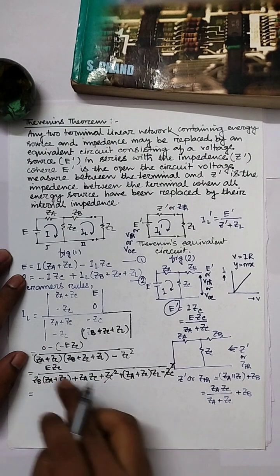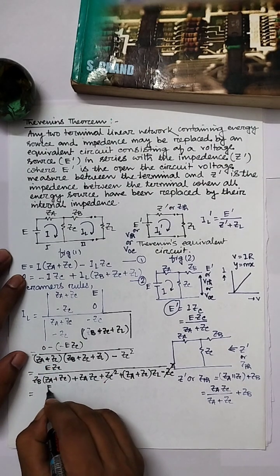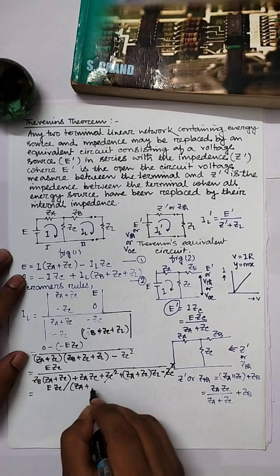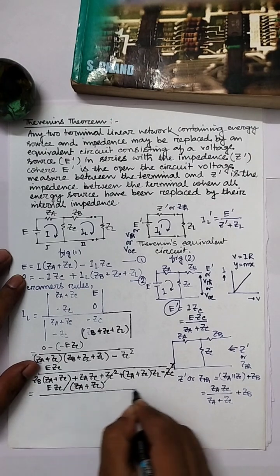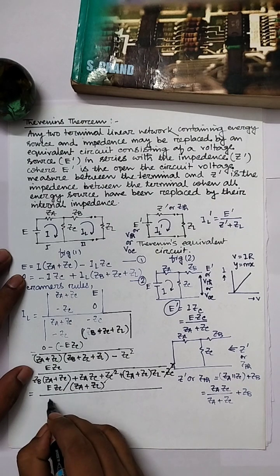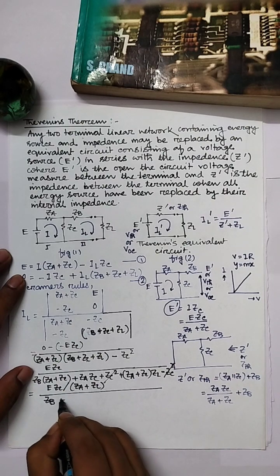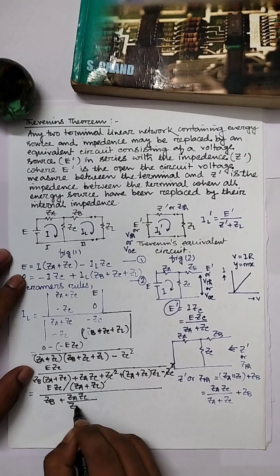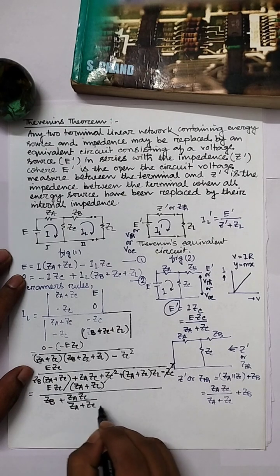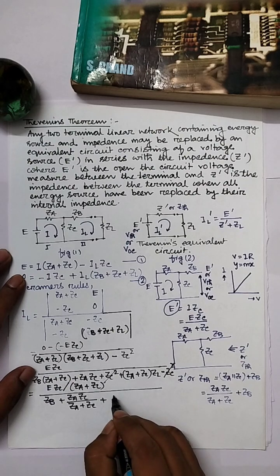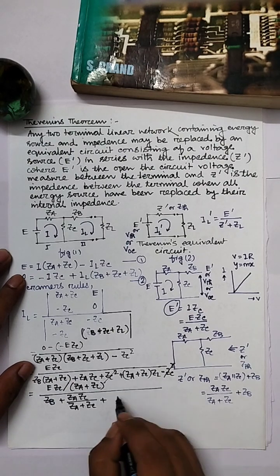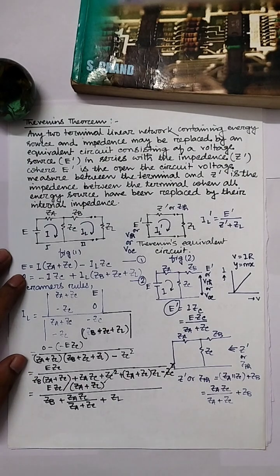So divide each term of the numerator and denominator by ZA plus ZC. Dividing this term by ZA plus ZC gives ZB plus ZA ZC upon ZA plus ZC, and dividing this term by ZA plus ZC gives ZL.